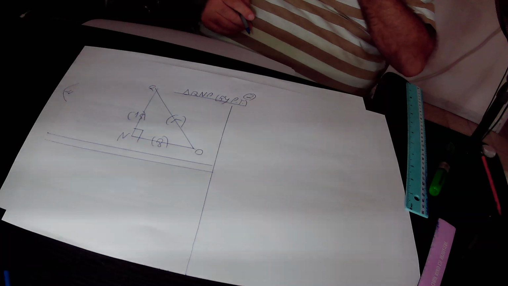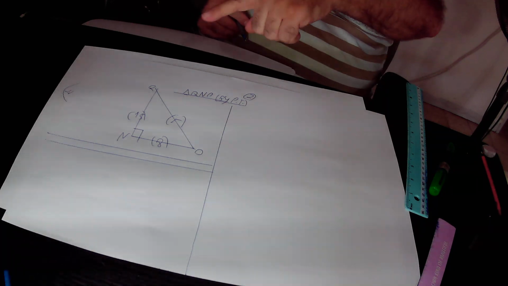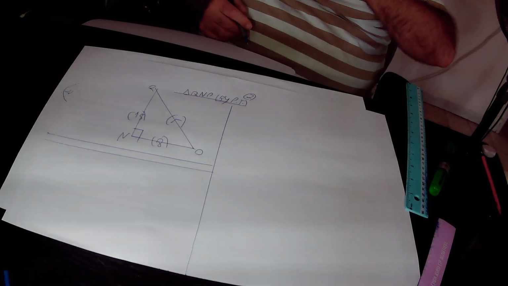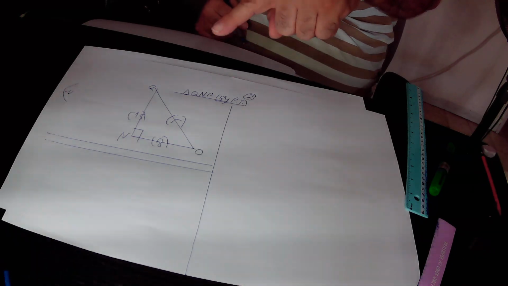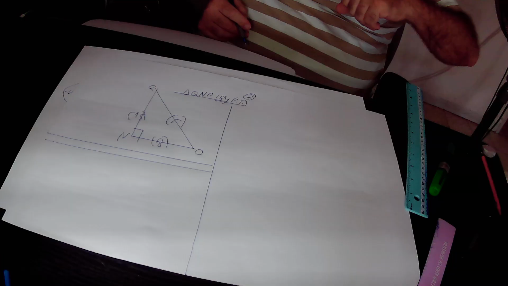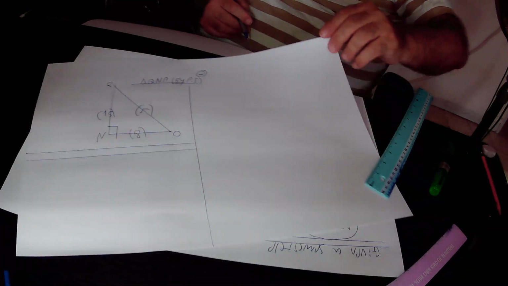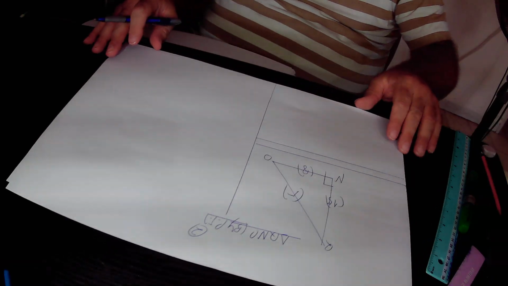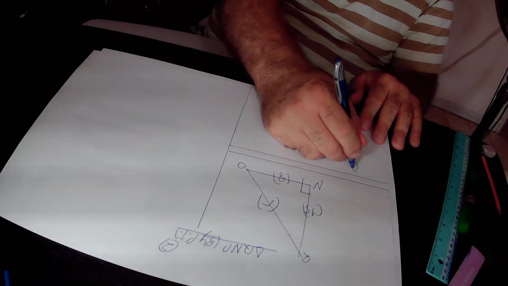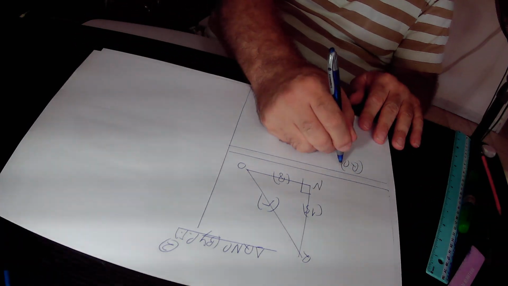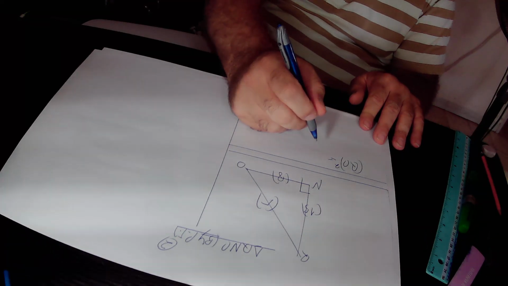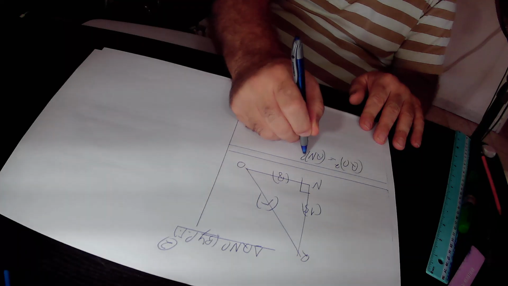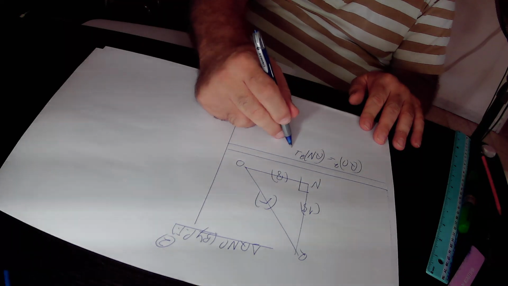In this right triangle QNO, QO squared, that is the square of the hypotenuse, equals QN squared plus NO squared. So I write it down: QO squared is equal to QN squared plus NO squared.